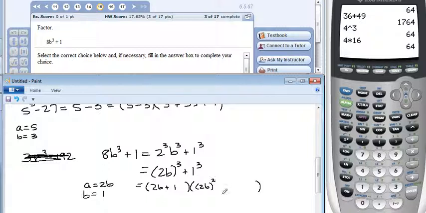I'm going to do this in pieces here. Minus a times b, well, that's just 2b, plus b squared, which is 1. 1 squared is 1. So now I'm going to have to clean this up a bit. So I've got 2b plus 1. And this, let's just go up here, 2b squared is equal to 2 squared b squared, which is equal to 4b squared.